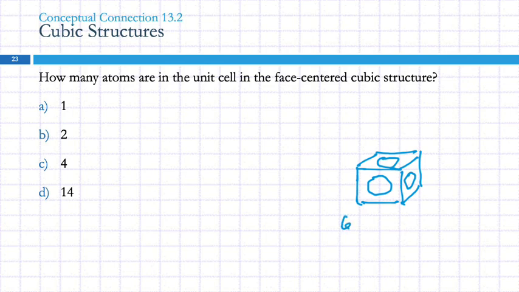So we have 6 sides times 1/2 of an atom on each side. So that's going to give us 3 atoms plus the corner atom. So 4.